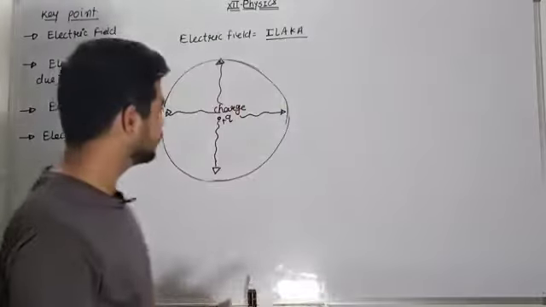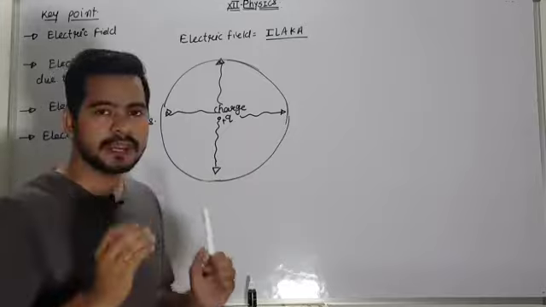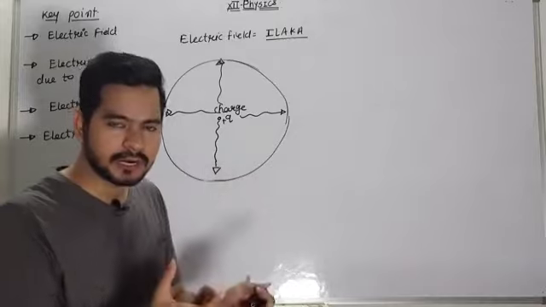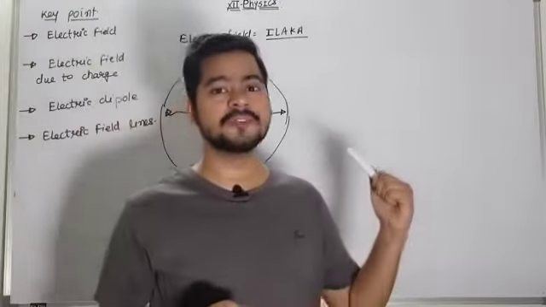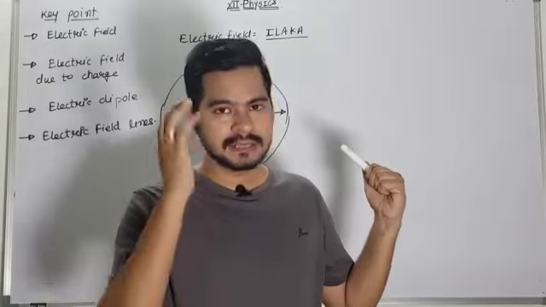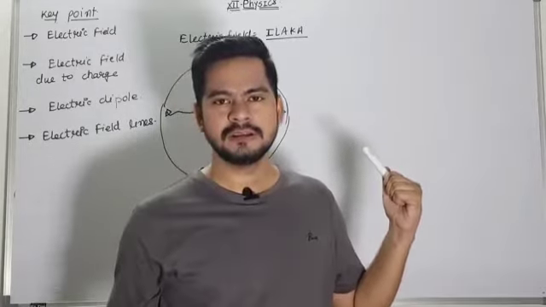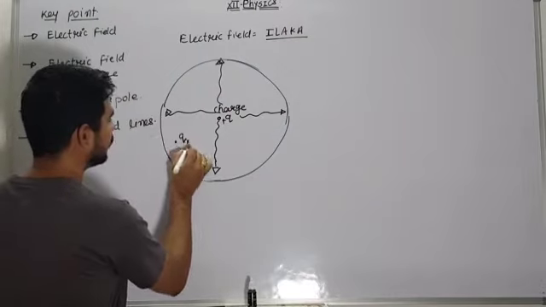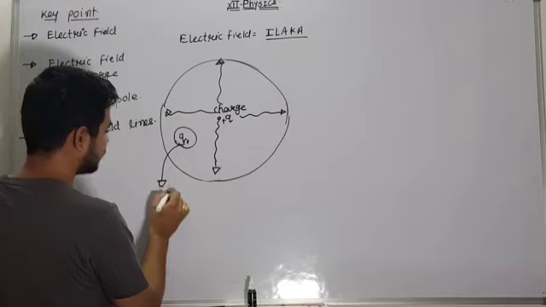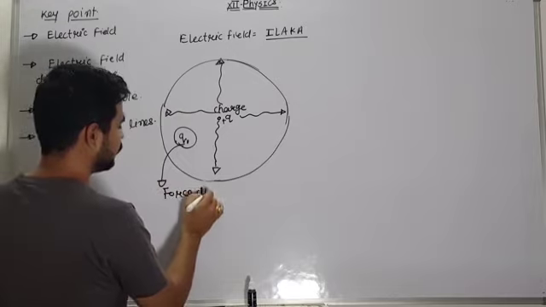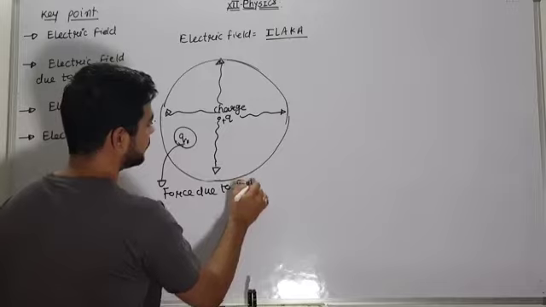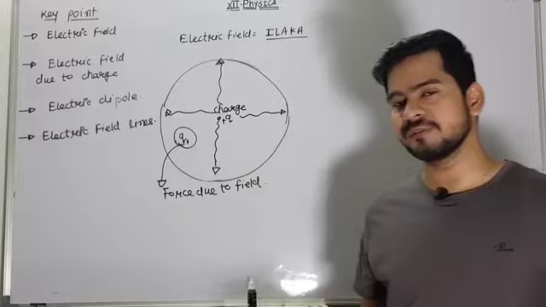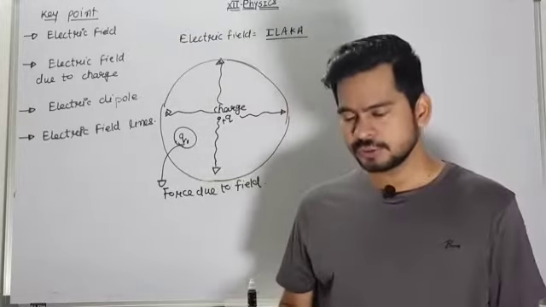If another charge comes into this region, this area created by that charge, then that other charge will experience a force from that ilaka. If I am saying ilaka, just remember ilaka means electric field. Suppose the other charge is Q1, so this Q1 will experience a force due to that ilaka, meaning field. It's a concept, and by this concept you can easily remember the theory of electric field.